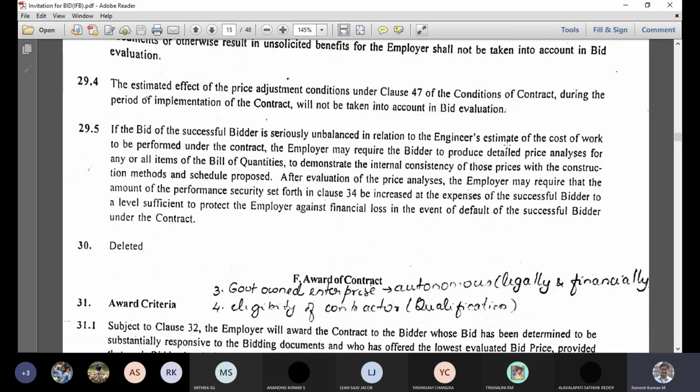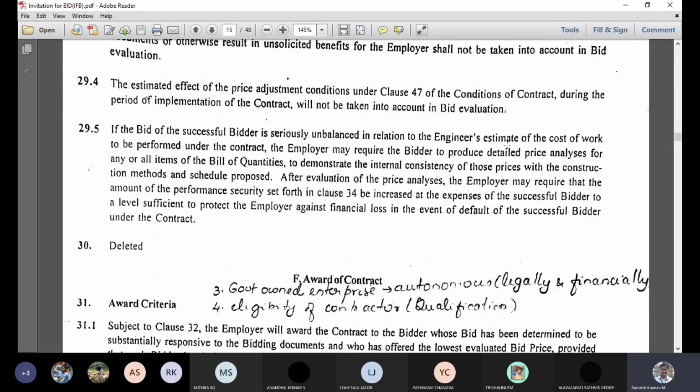If a bidder is substantially higher than the engineer's estimate, then that's rejected. Or if it is even slightly above, but justifiable, like for a good reason, where the price is higher, in that case it depends upon the evaluator to accept or reject it.